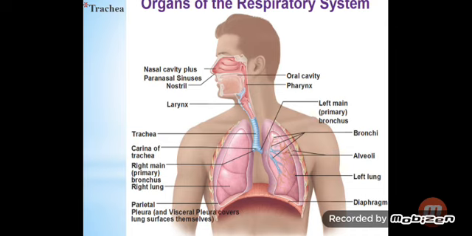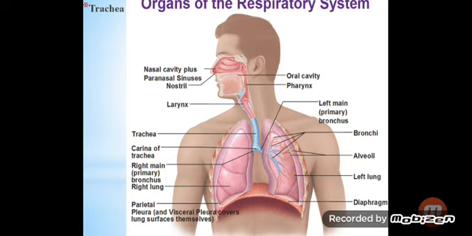It begins in the neck as the continuation of the larynx at the lower border of the cricoid cartilage at the level of C6. It ends at the level of the carina, as you see here, at the level of the sternal angle, opposite T4, T5, where it divides into the right principal bronchus and left principal bronchus.